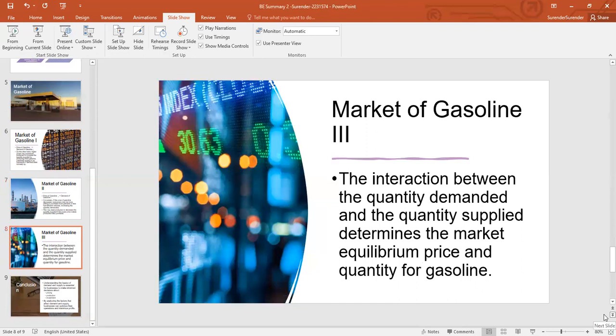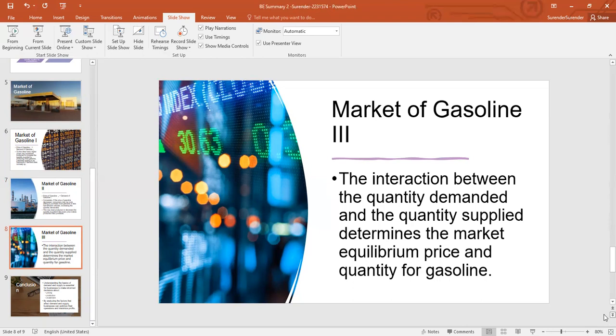Now we will discuss how they are interrelated. The interaction between the quantity demanded and the quantity supplied explains how market equilibrium is achieved. The whole concept is about the benefit of the producer or consumer.